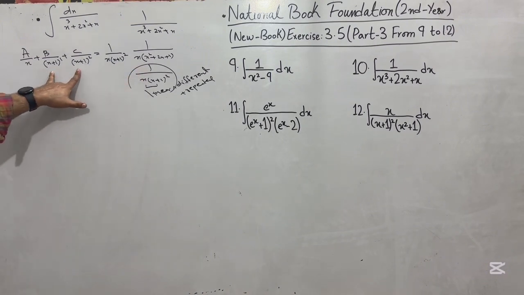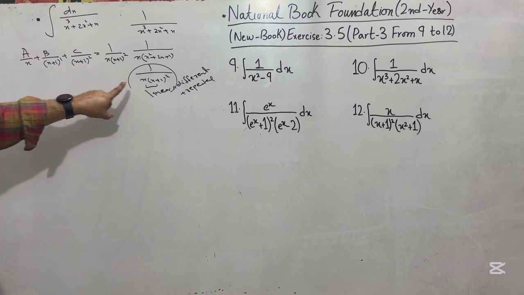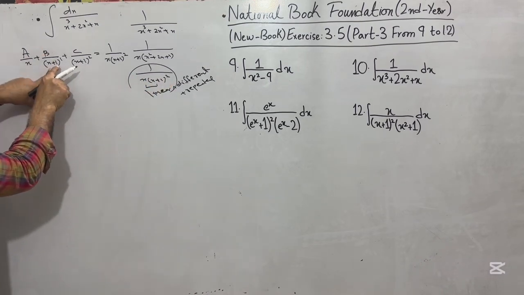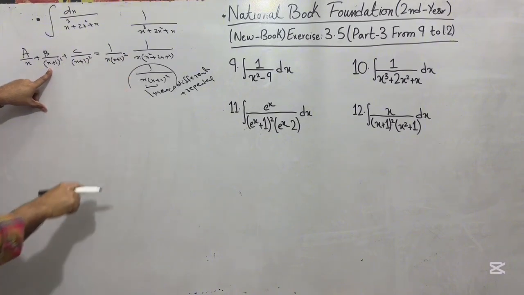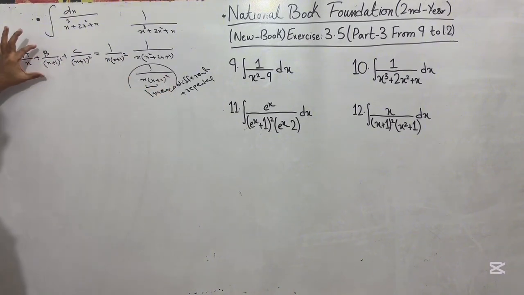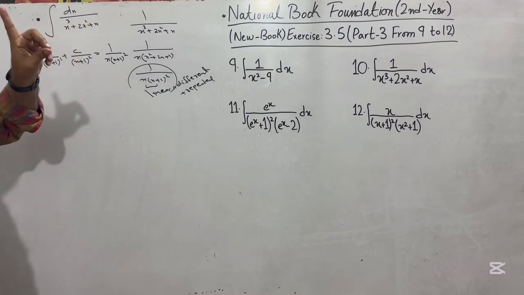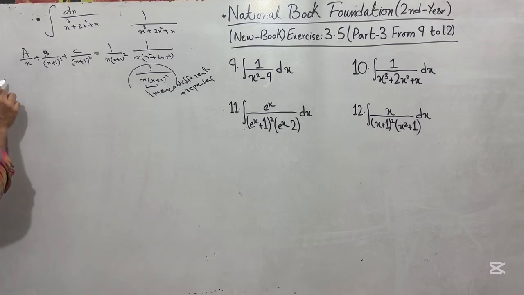That is the way to write linear and repeated. Here it is x plus 1 whole square, so we have B over 1, then 2. If there would have been x plus 1 whole cube, we would have written B over x plus 1 plus C over x plus 1 whole square plus D over x plus 1 whole cube.